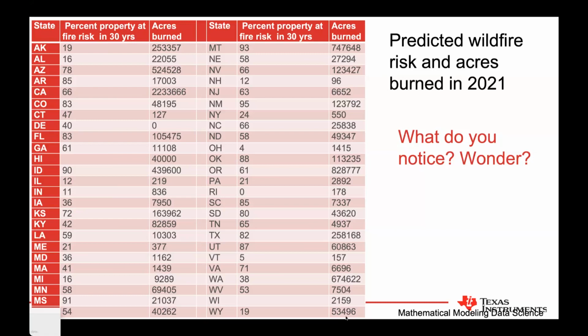Is the 0 for Rhode Island? Rhode Island, yes. Rhode Island did not have any acres burned in 2021. The percentage of states that had burning. All right. Oh, they were looking at Delaware, which has 0. Okay.